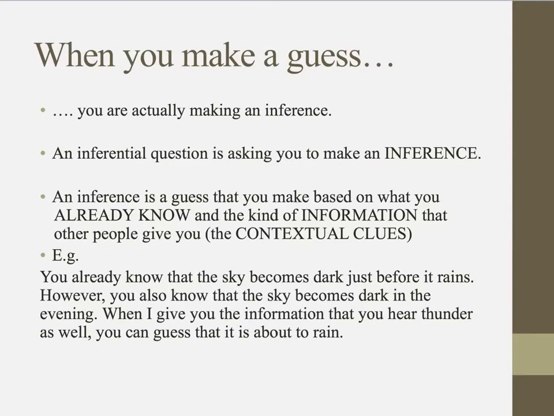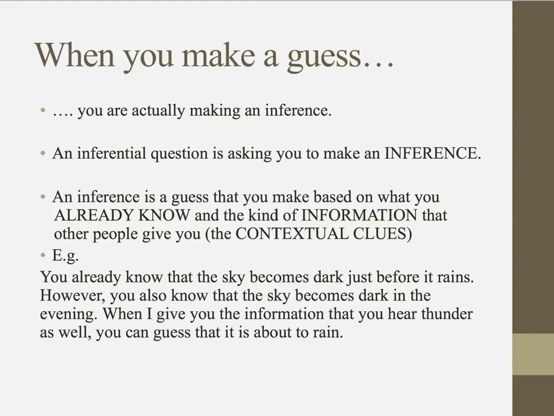So basically, when you make a guess, you are inferring or you are making an inference. An inference is basically a guess that you make based on what you already know and the kind of information that other people give you. So information that is in the comprehension text, these things are called contextual clues.